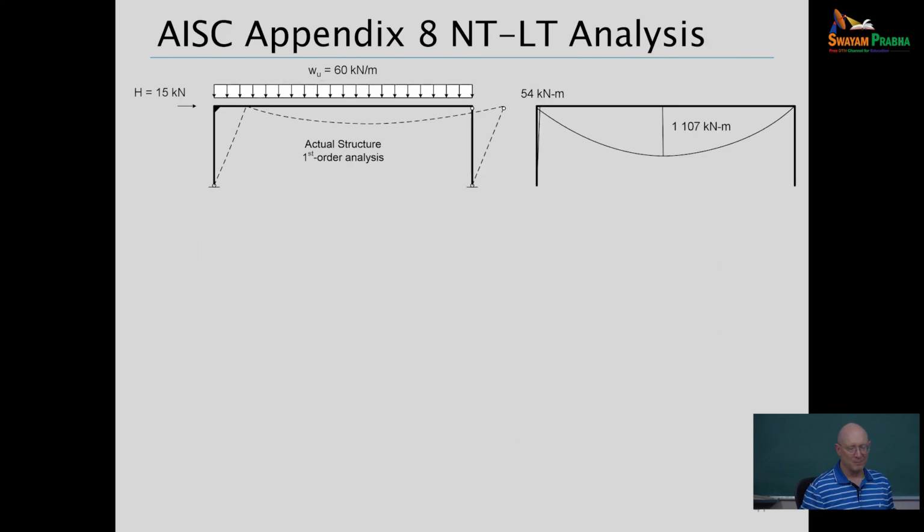So a very popular approach in the Americas, I don't know if I missed it or not in the Indian standard, but it's something we call a no translation, lateral translation analysis. And this shows up in the AISC specification, but if I go over to the ACI code, it's very similar equations for pretty much doing first order analysis with amplifiers to get second order effects there.